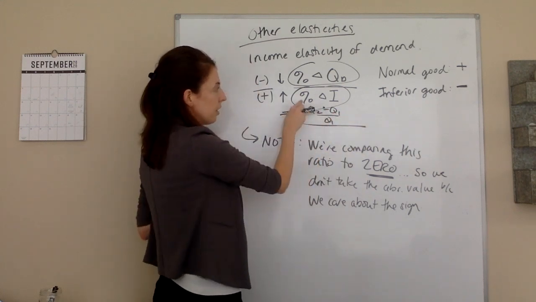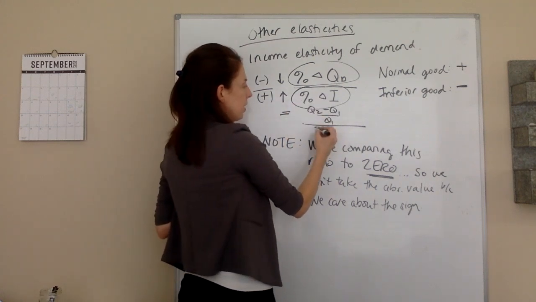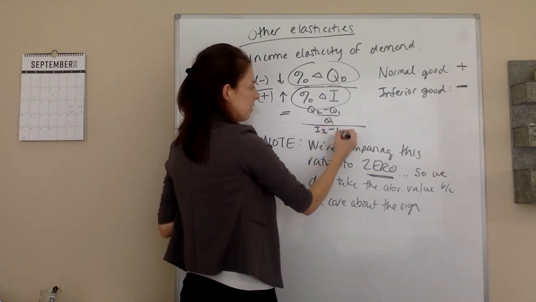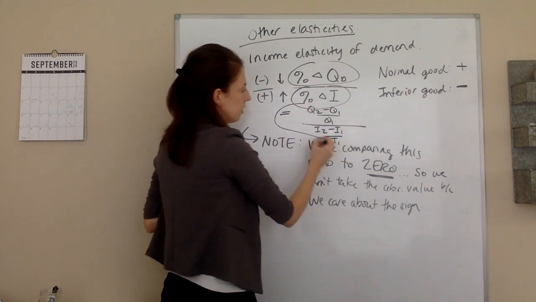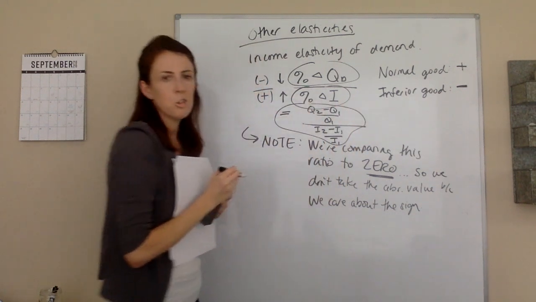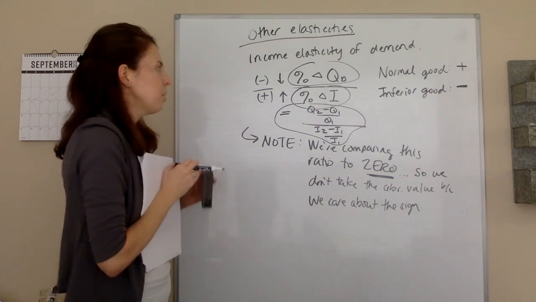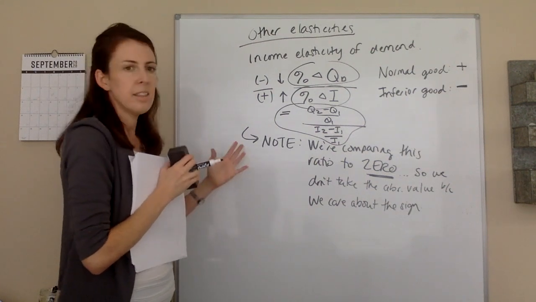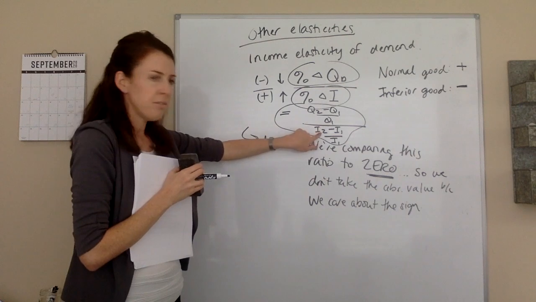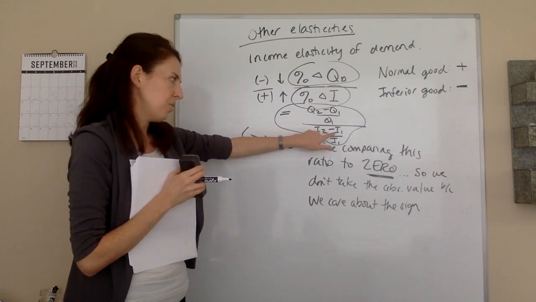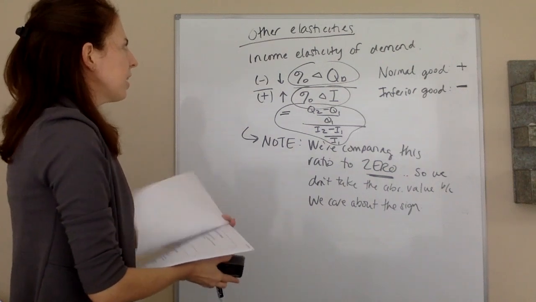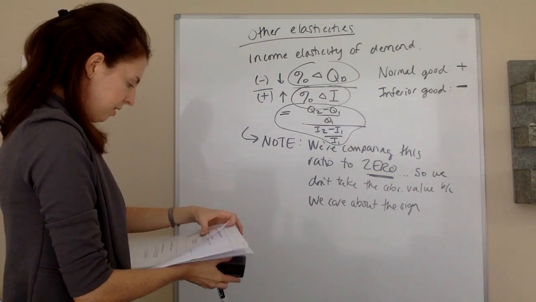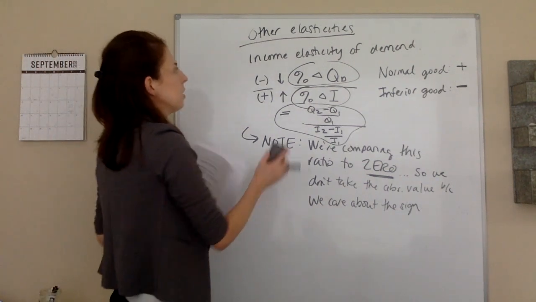And then the denominator would be income number 2 minus income number 1 divided by income number 1. So strive to memorize this pattern. Percent changes in anything are just the second value that you have of that thing minus the first value divided by the first value. Okay, so that's another type of elasticity, income elasticity of demand.